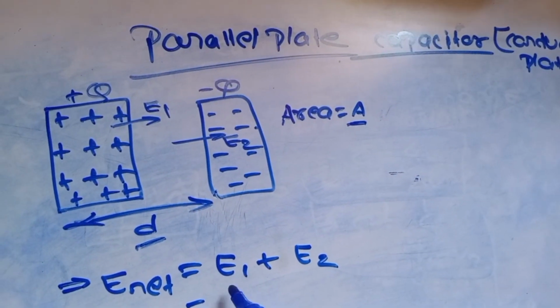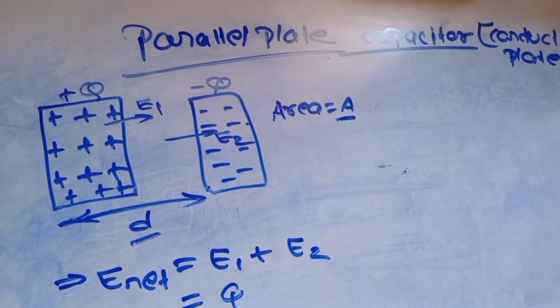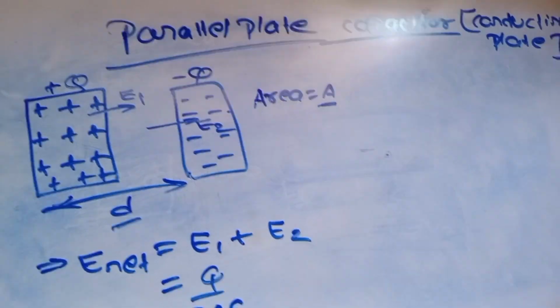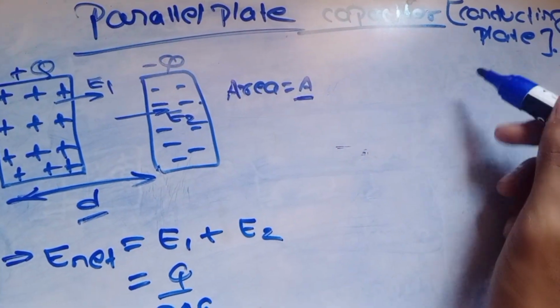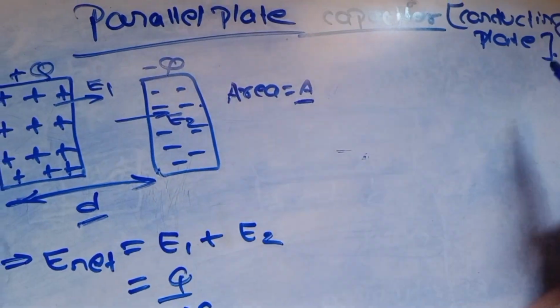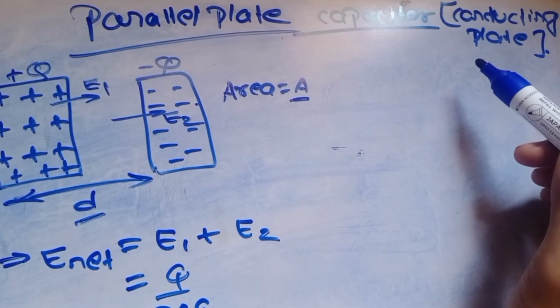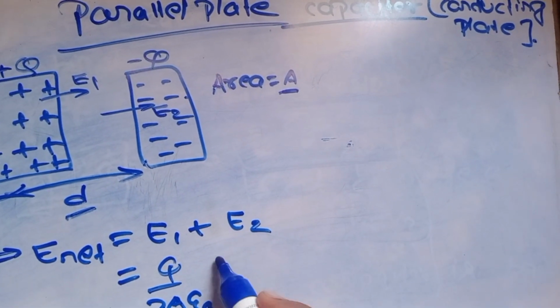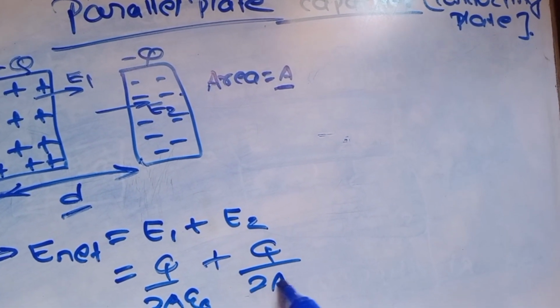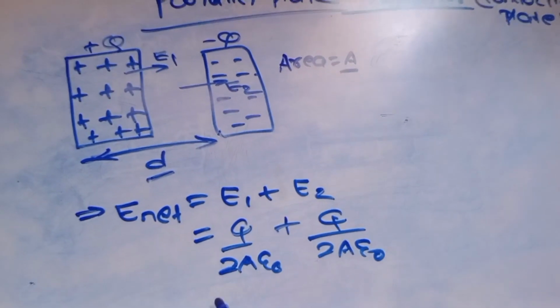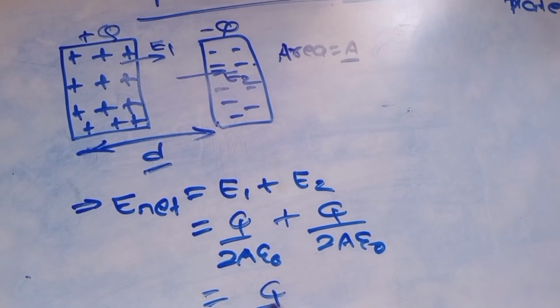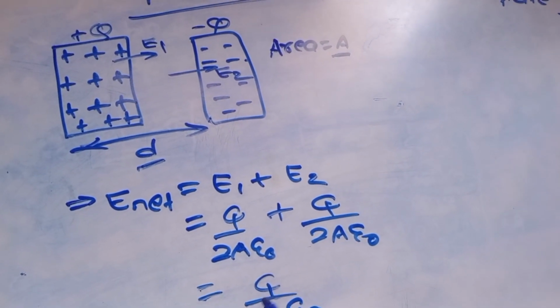E1 equals Q divided by 2A epsilon naught, as we discussed in the first chapter. Electric field due to a conducting plate equals Q divided by 2A epsilon naught plus Q divided by 2A epsilon naught, which equals Q divided by A epsilon naught.